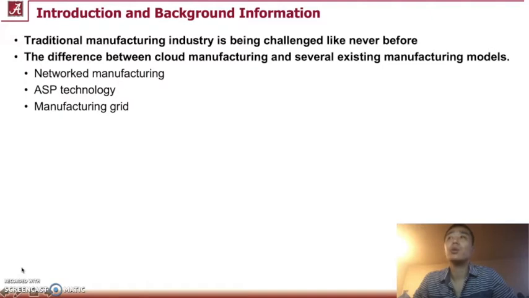In order to respond to the challenges of the knowledge economy and manufacturing globalization, quickly responding to market demands and improving the competitiveness of the enterprise or enterprise group has become a more important goal in traditional manufacturing industry at present.